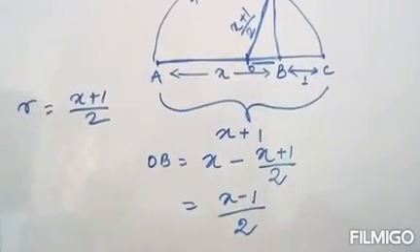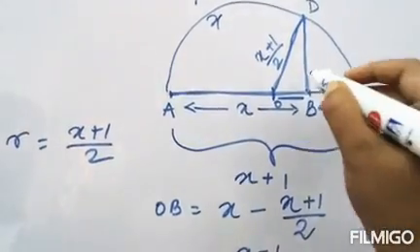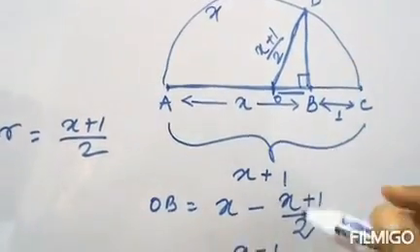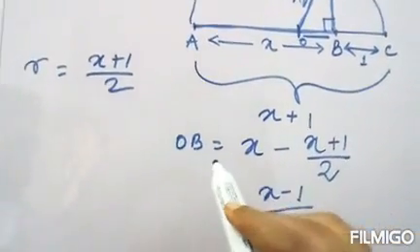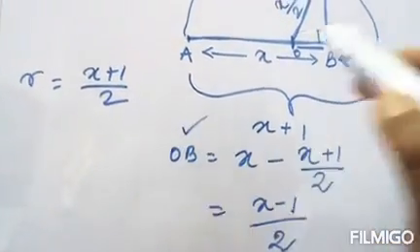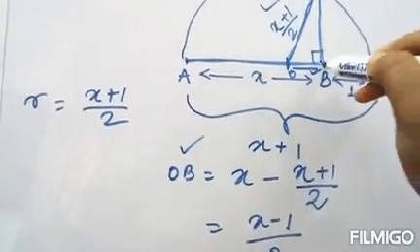Now, if I need to find this length BD, this is a perpendicular. I have got OD, I have got OB. Now I need to find this length.